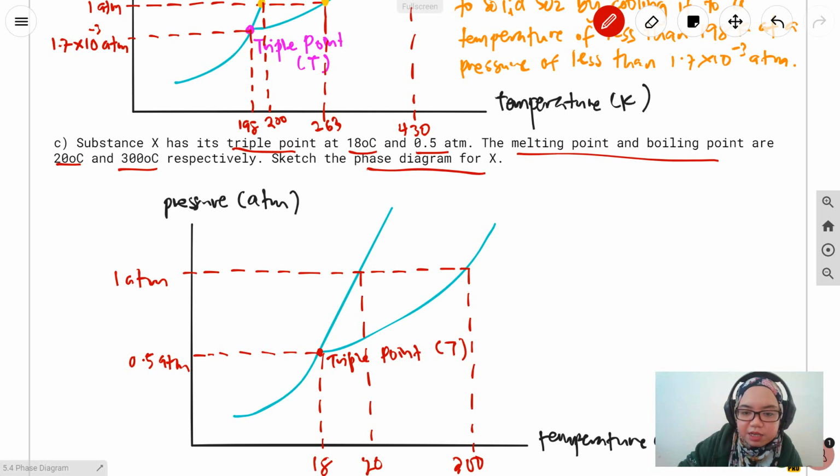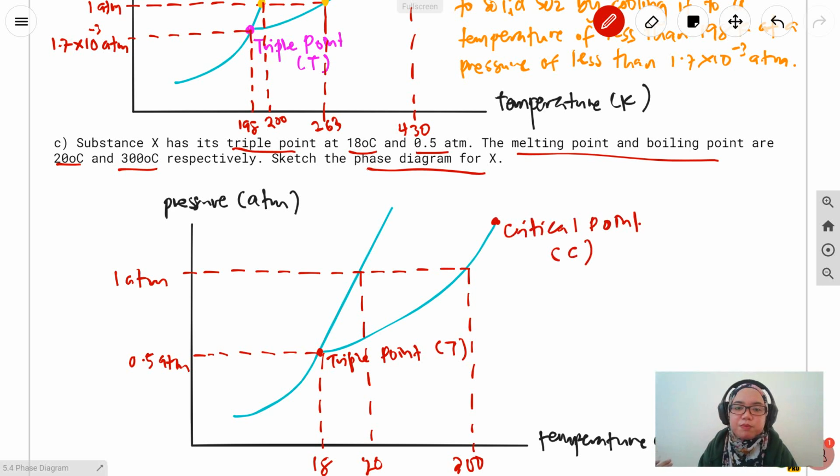Ini boiling point. And awak lupa lagi satu, awak kena label ni. Label ni adalah critical point C. Okay, dia tak bagi tahu pasal C kan. So, tak payah buat apa-apa lah. Cuma awak label je critical point. Sebab apa? Critical point dengan triple point wajib label pada setiap phase diagram.